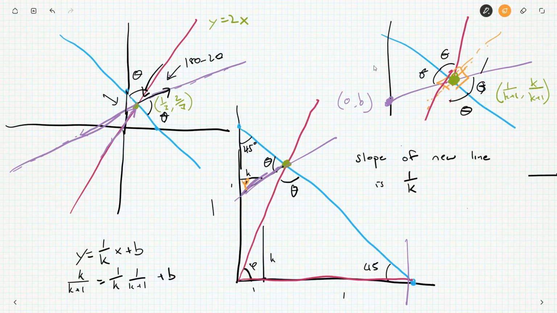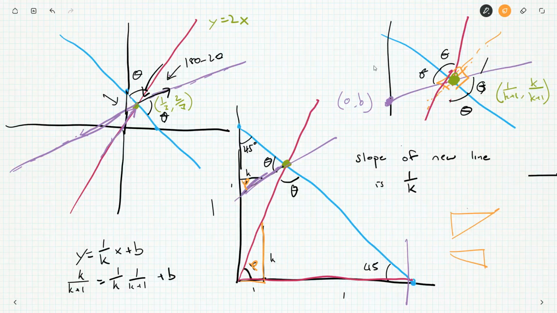Now, this angle phi has got to be the same as this angle phi. Well, the angle phi is the angle you get when you go over 1 and up k, which is the slope of our red line. So how do we get phi? Well, we've got to go over 1 and up k, or we could take this triangle and switch it around so it looks like this, or looks like this, something like that.